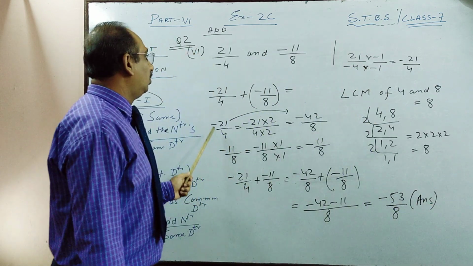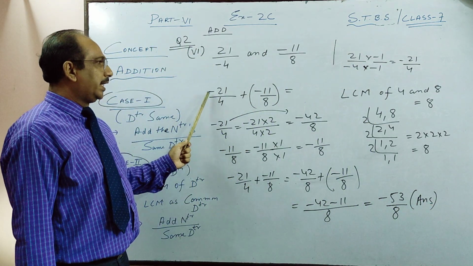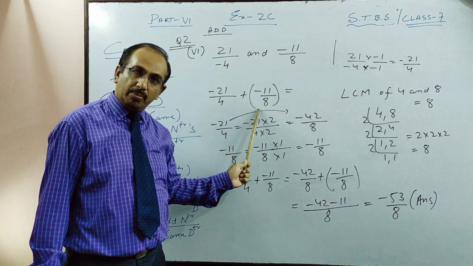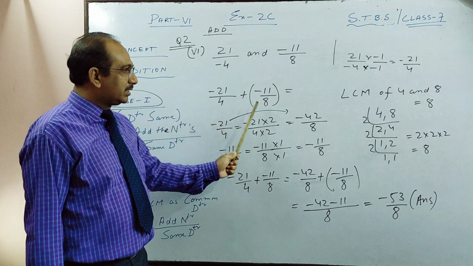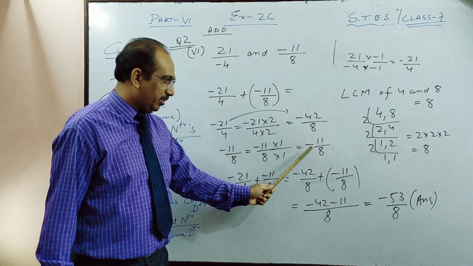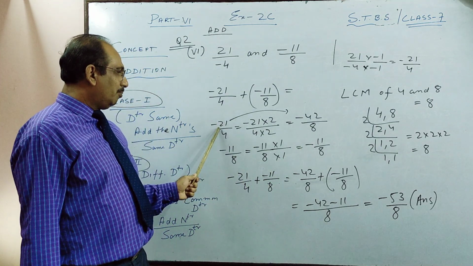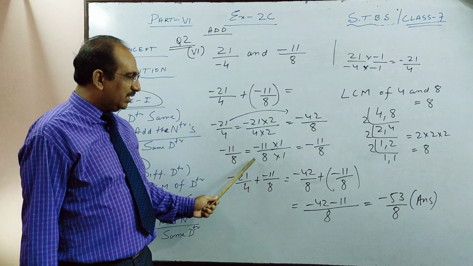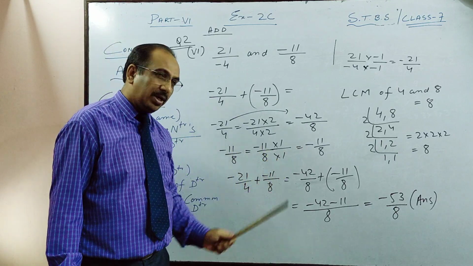So once more, from the denominator I take the minus to the numerator because the denominator cannot be minus. Then find the LCM of the denominators, make equivalent fractions with the same denominator. Minus 21 by 4 becomes minus 42 by 8. This remains the same, or you may say we have multiplied by 1.